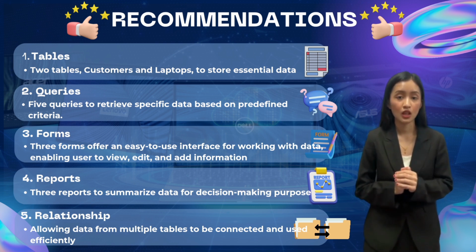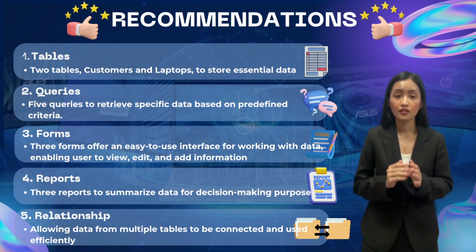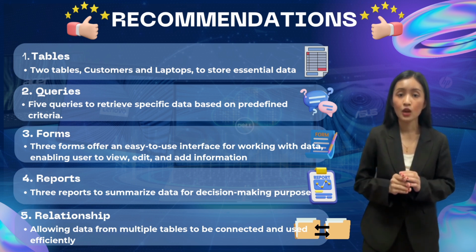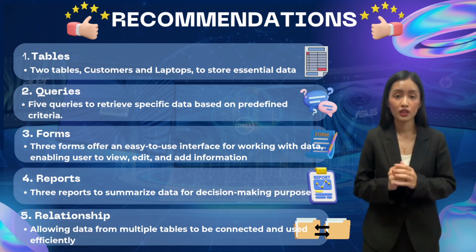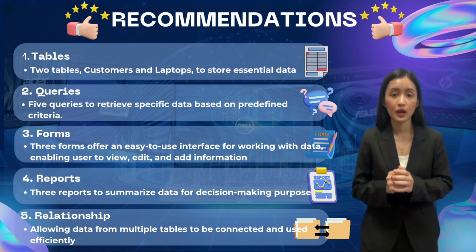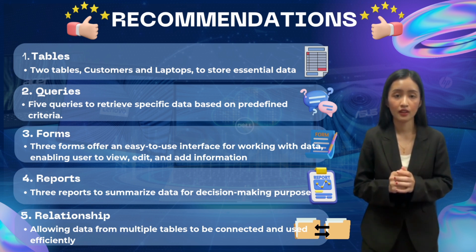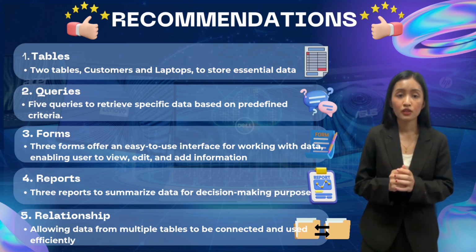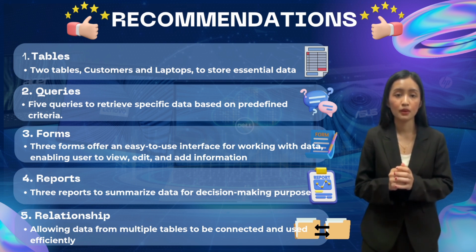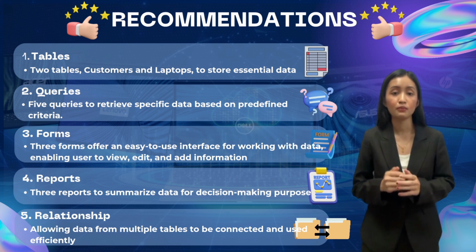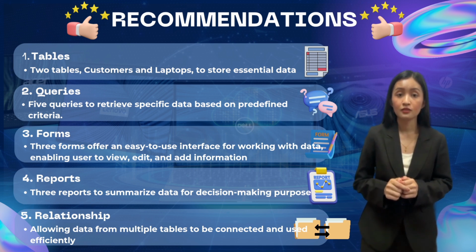Firstly, table. We use 2 tables for customer and laptop to store essential data. Secondly, queries. We use 5 queries to retrieve specific data based on predefined criteria. For example, queries for customer by cities and membership, and also queries for laptop price per customer. Thirdly is form.